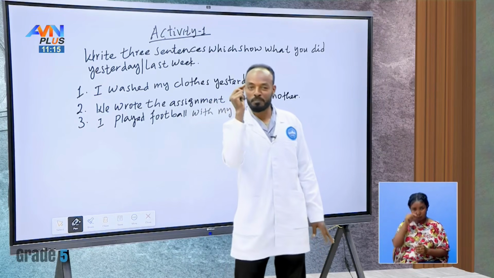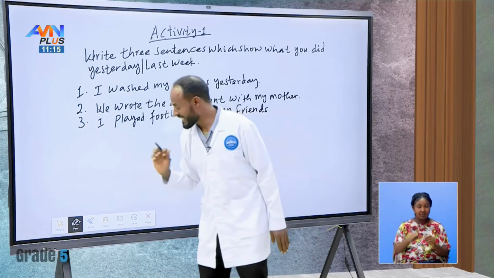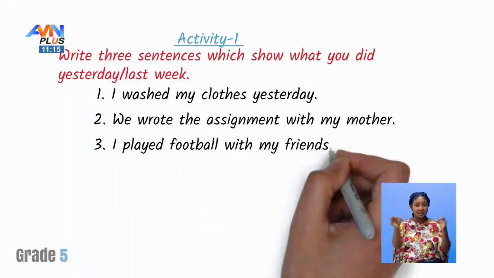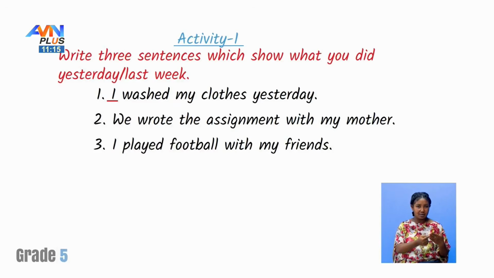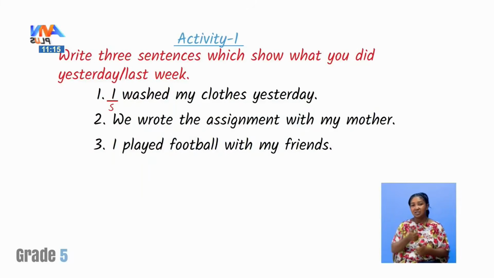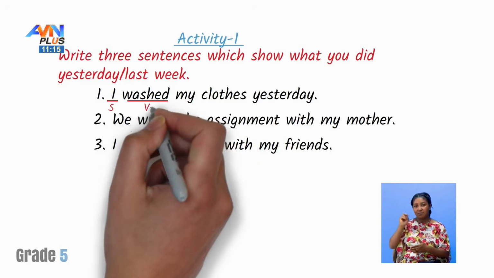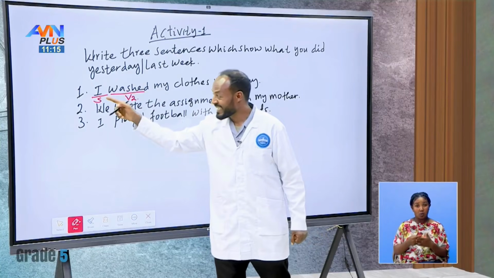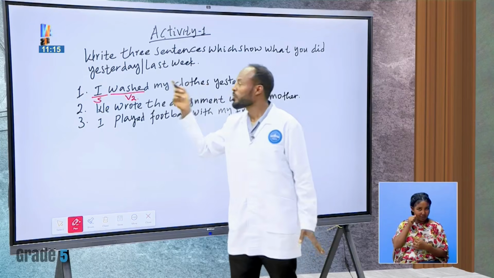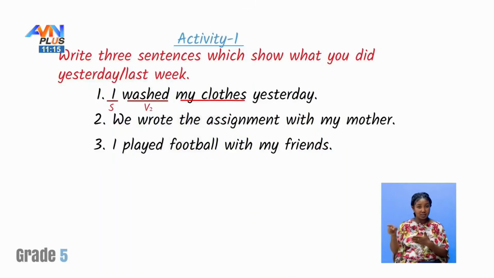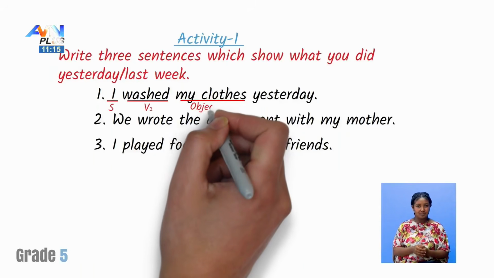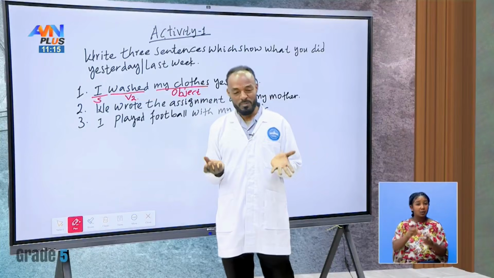Here in this sentence, students, now the subject. In the sentence, this one is the subject. Which one is the verb? Verb 2. Here is verb 2. So when we say, I washed my clothes yesterday, my clothes can be the object. By the way, do you know what the subject means?